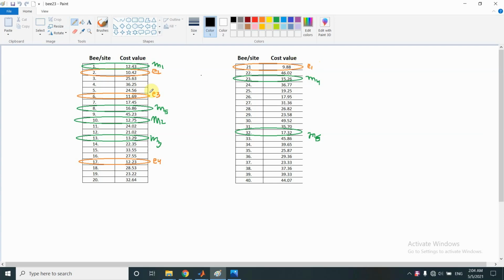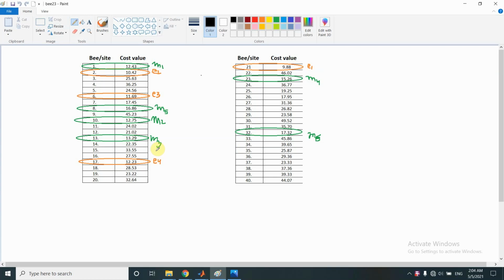So these are the 4 elite sites, and then going further, 12.43, and then 12.75, 15.26, 16.86, 13.29, and then 17.32. These 6 sites make up the other non-elite selected sites. So these are the 10 best sites.